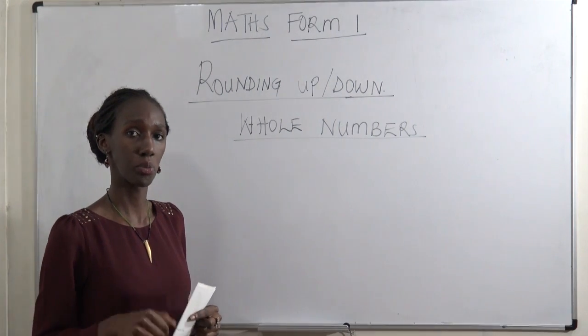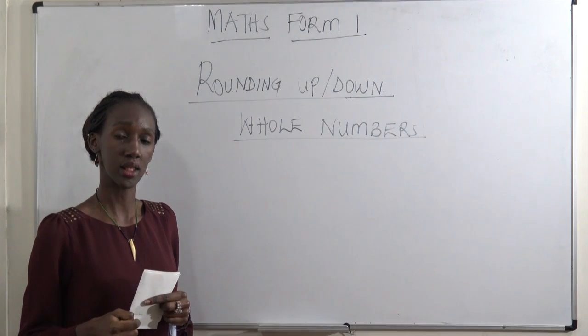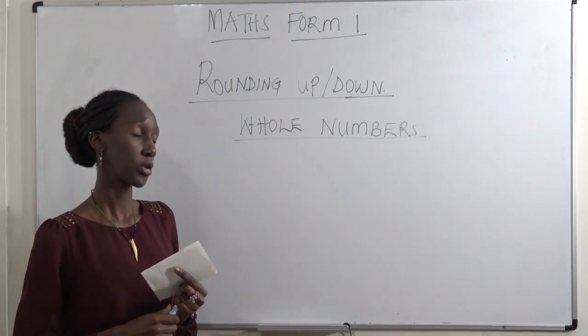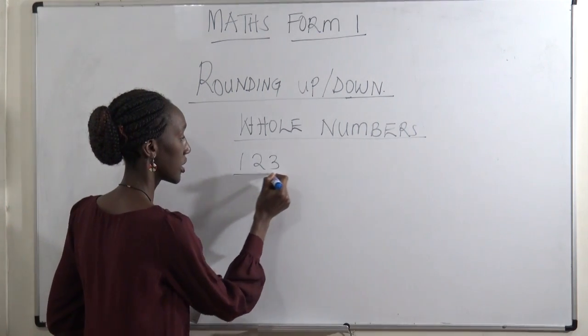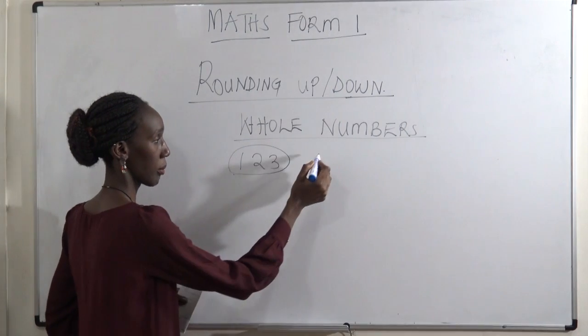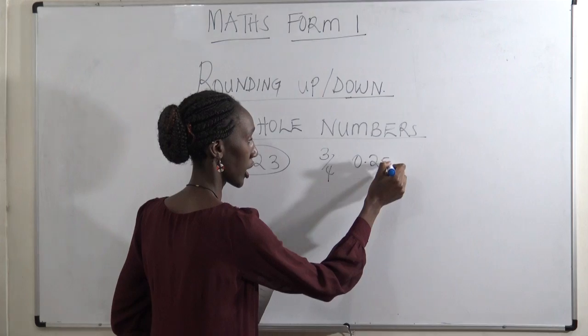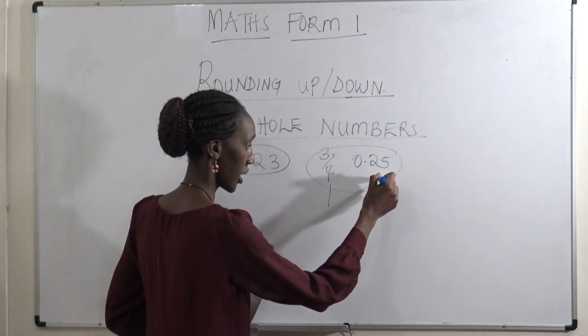Remember, in our last topic, we defined what a whole number is. A whole number is not a fraction or a decimal. So if I have a number like 1, 2, 3, all these we call whole numbers. But if I have a number like 3/4 or 0.25, this one is a fraction and this one is a decimal.